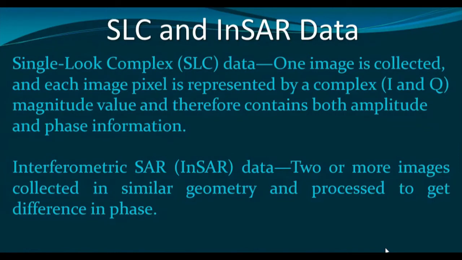Another is the interferometric SAR. In case of interferometric SAR, two or more images are collected for the same geographic area, but from two different locations and in similar geometry. Similar geometry means both of the sensors are looking in the same direction, for example, towards the right or towards the left.